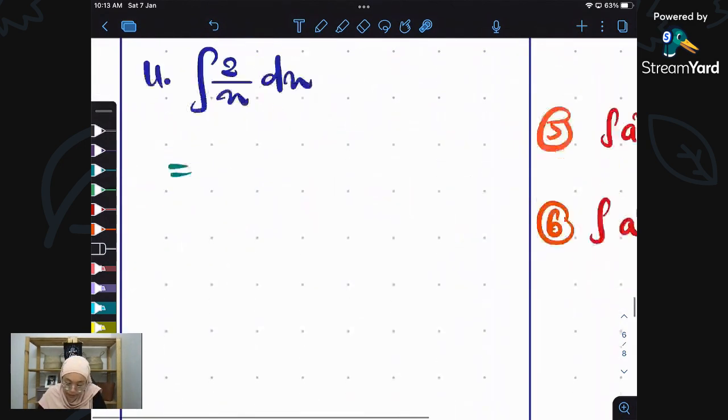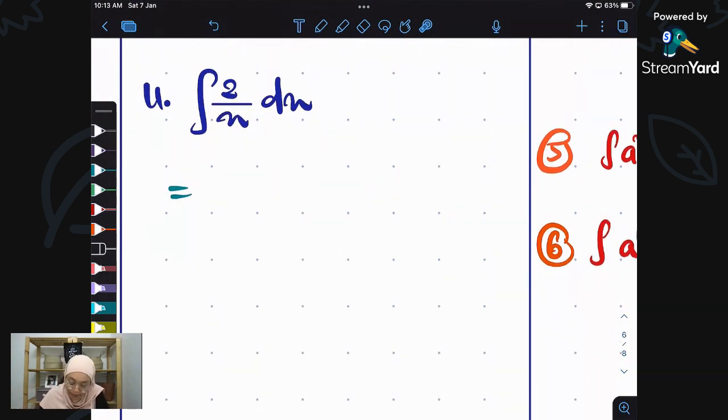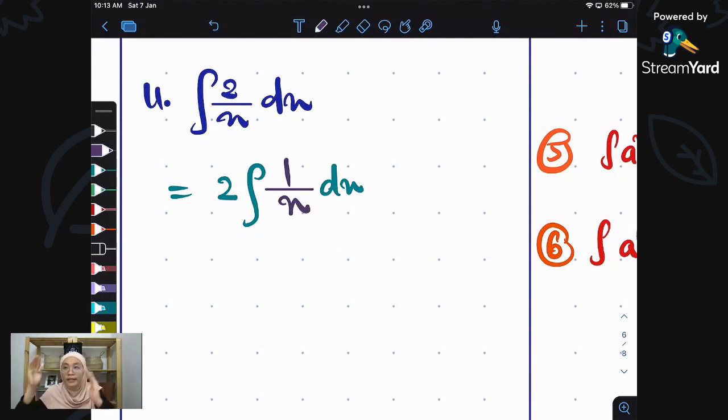Okay, the last one, the final example from me, is the same as my first question in this video. I must bring the 2 outside, constant 2 outside, dan di dalamnya hanya tinggal, oops, why is it like that? Sorry guys, 1 over x di dalam integral, and then we know that we integrate 1 over linear.